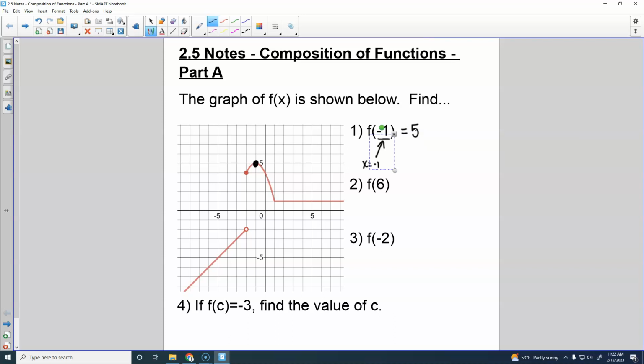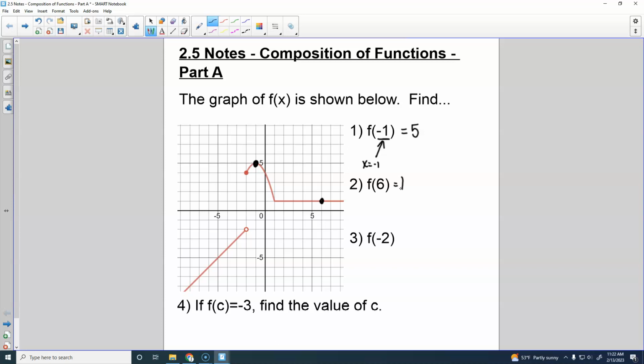So then I'm looking at f of 6, which is going to be right here. That's where my x equals 6. The y coordinate that goes with that is 1. We okay on both of those? This is familiar. You've seen stuff like this before, I hope.